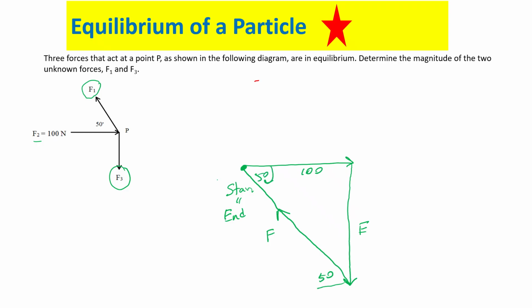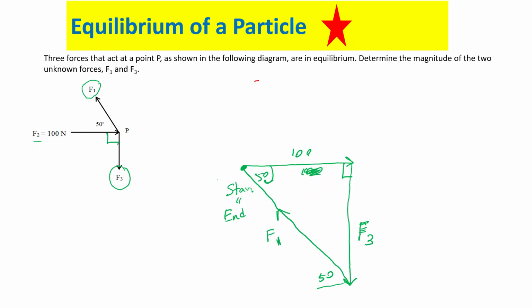Now you have a triangle. It's a right angle triangle, isn't it? Because this is 90. Am I right? So you can use Pythagoras or maybe sine, cos, tan, and you have to find the unknown two forces, F3 and F1.